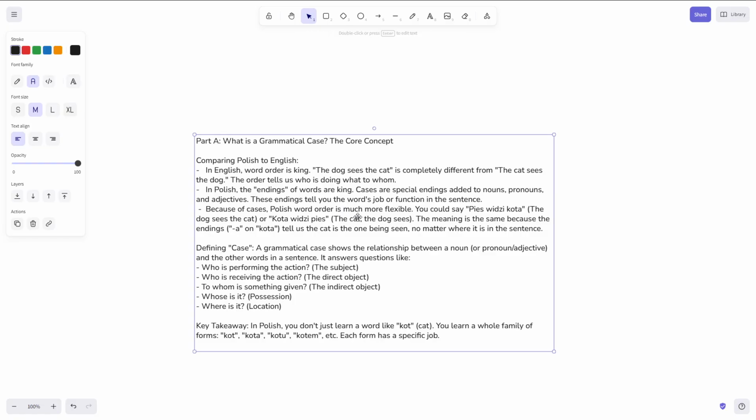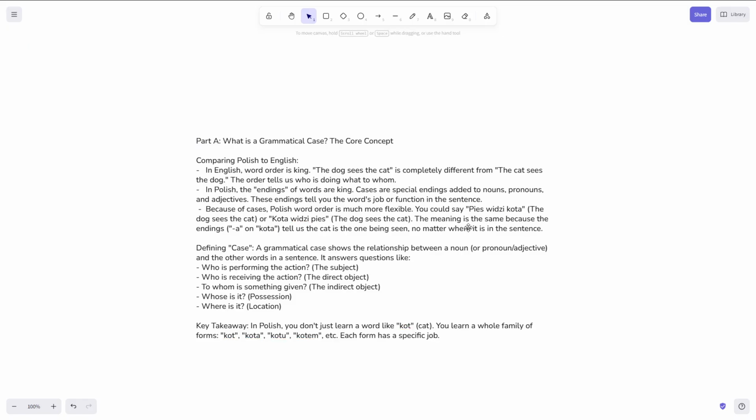Okay, so maybe what is in parentheses might be confusing. So let me just say: the dog sees the cat. Just make sure that you understand that the meaning is exactly the same no matter if you say pies widzi kota or kota widzi pies. It is in both instances the dog that is seeing the cat. So how do we know that? How do we know that the cat is being seen?